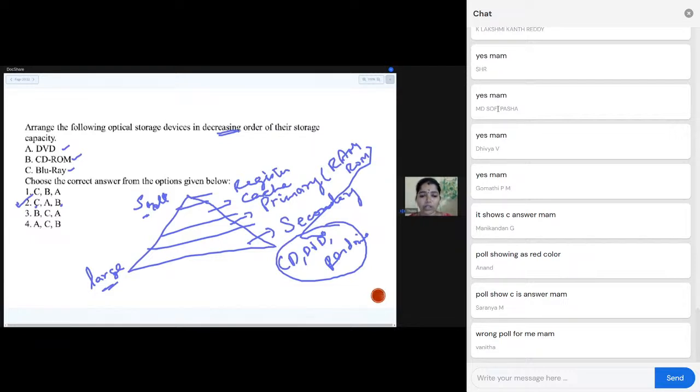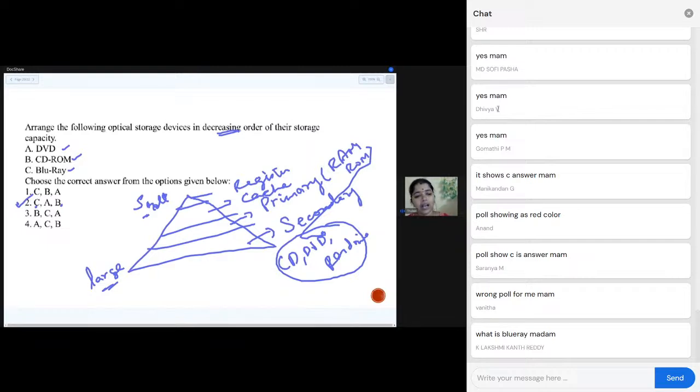So here we have to concentrate on the memory concept: register, cache, primary memory, secondary memory. We have to know what memories are in primary memory and in secondary memory, and within secondary memory, which has the maximum space and which has the smallest space. Blu-ray has the maximum storage capacity, and then comes the DVD.